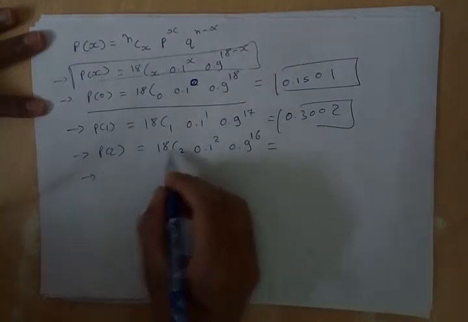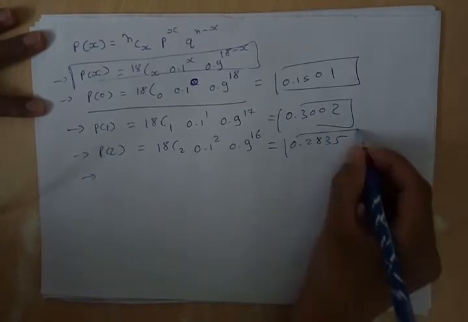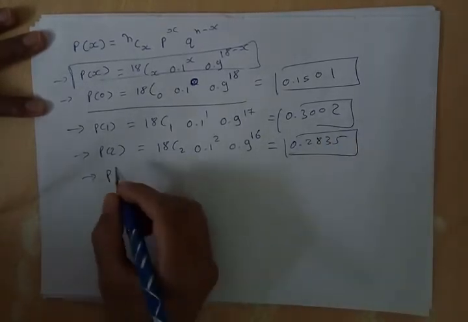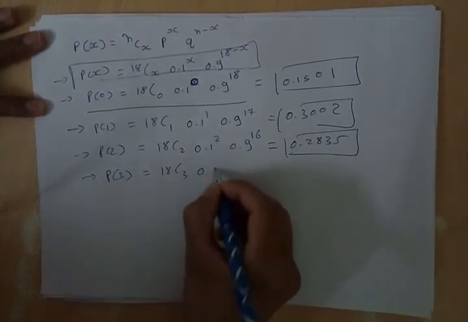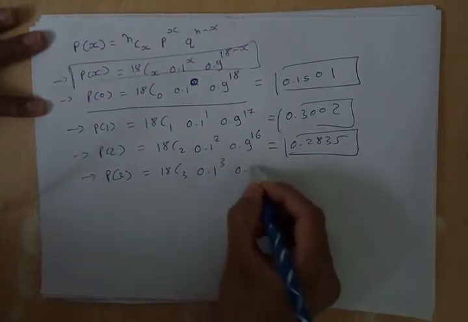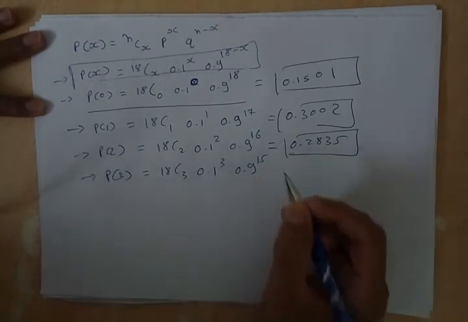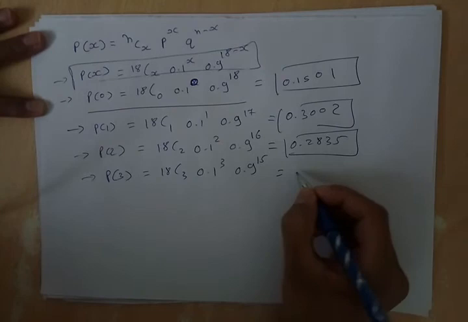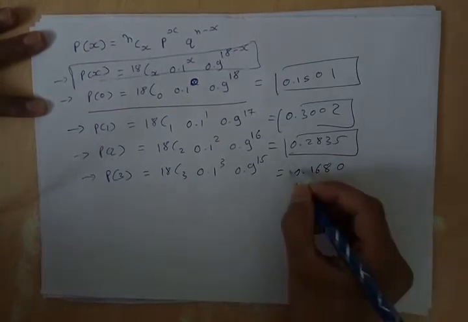If you calculate this using a calculator, you will get 0.2835. And P of 3 is equal to 18C3, 0.1 raised to 3, 0.9 raised to 18 minus 3, which is 15. So it will be 0.1680.